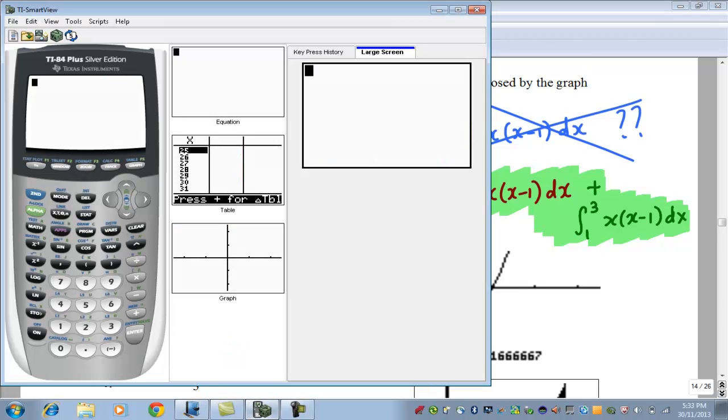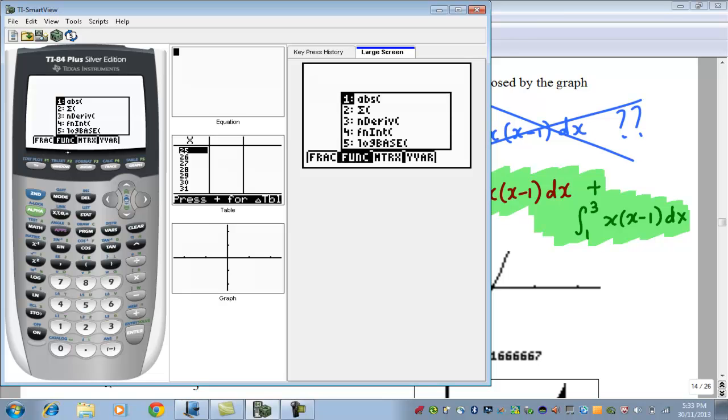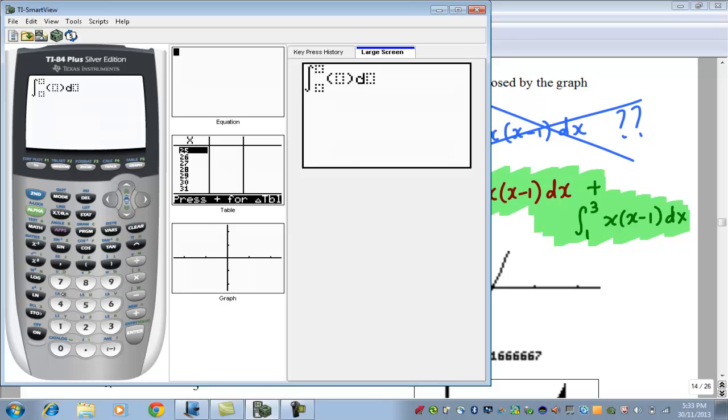You just need to go to the GC and key in alpha window, go to number 4, lower limit 0, upper limit 1, and the function is, remember, negative x of bracket x minus 1 close bracket dx, and enter.